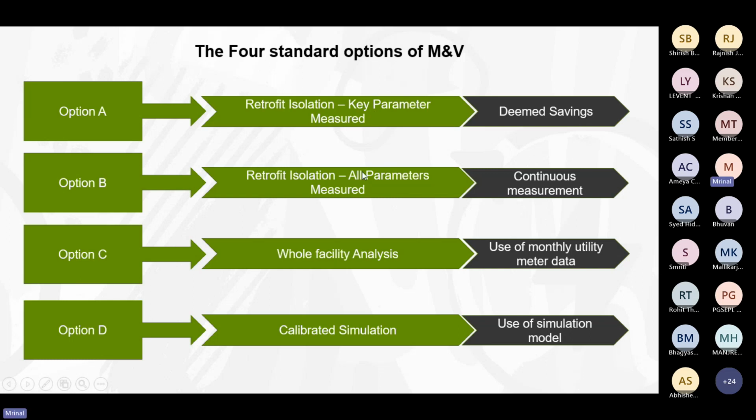Option B is one in which all parameters are measured, and it is a continuous measurement. Option C is the whole facility analysis, and we use monthly utility meter data. And Option D is the calibrated simulation, in which we use simulation models. Now we will understand each option in detail.